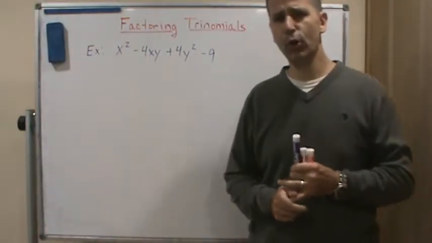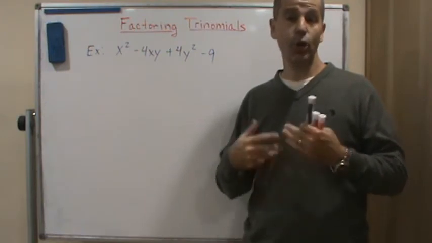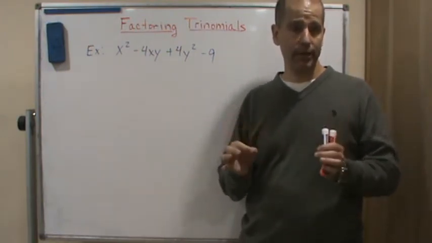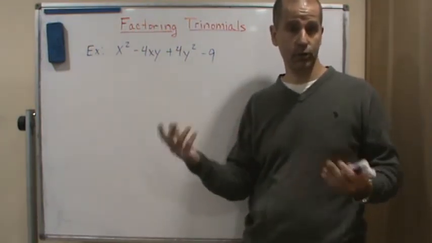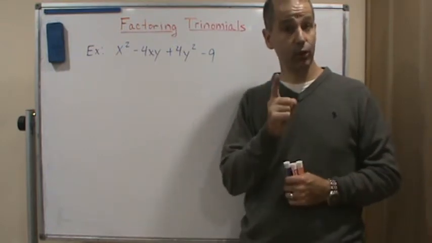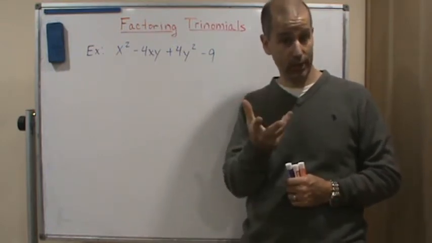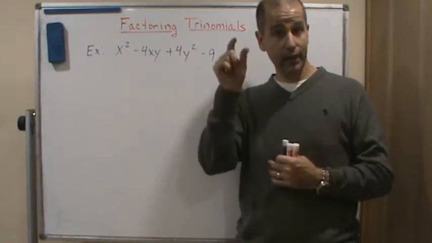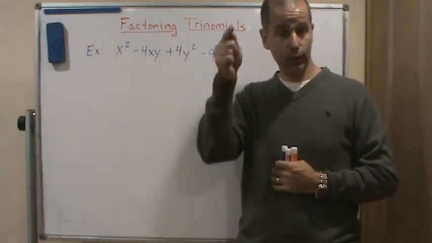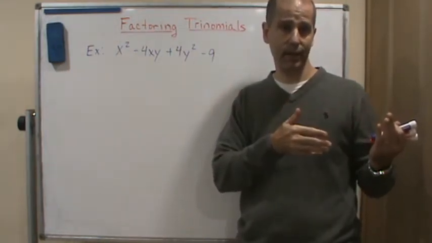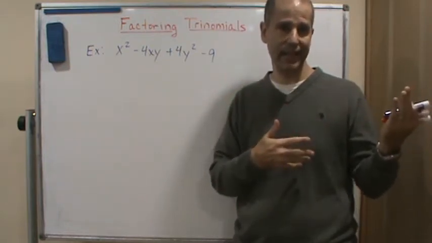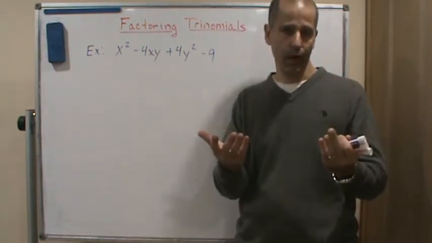Okay, so now that you know the AC method, and you know how to use the method where the leading coefficient is 1, which you could still do the AC method or the method of decomposition with, but 1 times the AC is just going to be C in that case, because A is 1.